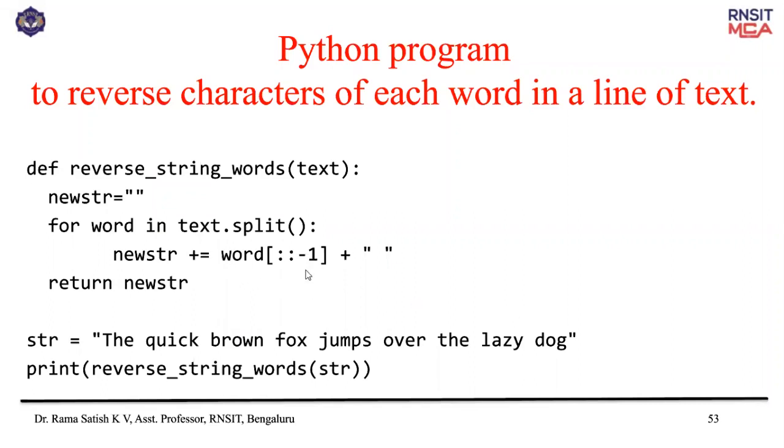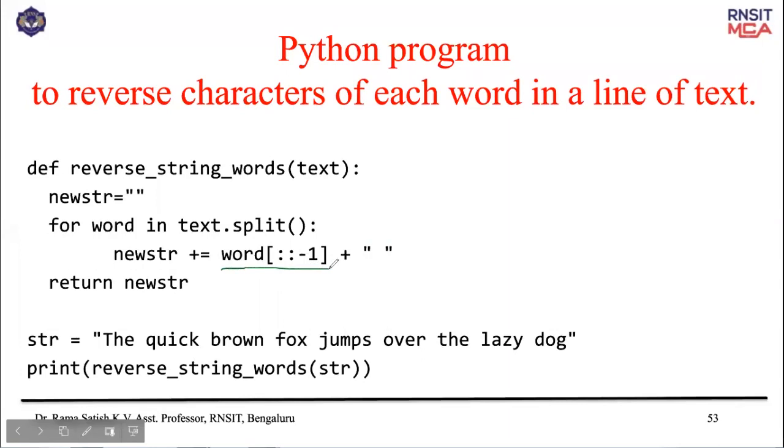So in this case, first word is reversed and added to new string. Later, second word is reversed, added to new string. Third word is reversed and added to new string. Fourth word is reversed, added. So I think you know this particular indexing will interchange the words from right to left.